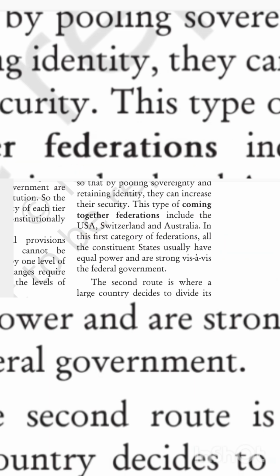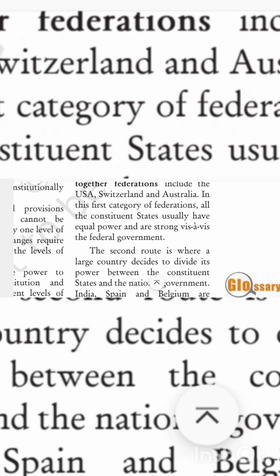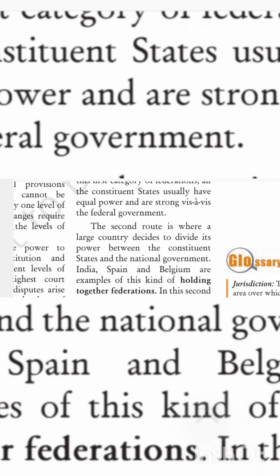It will be helpful for you to remember the coming together federations. In this first category, all the constituent states usually have equal power and are strong, vice versa the federal government. So here there is no subordination. Each and every group is equal in its own position.